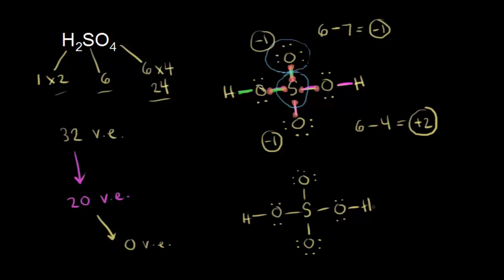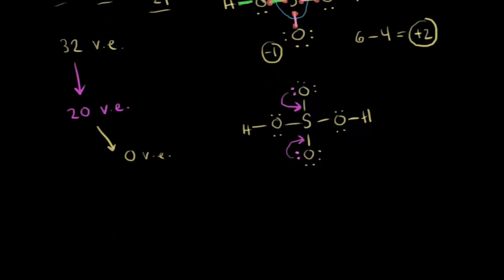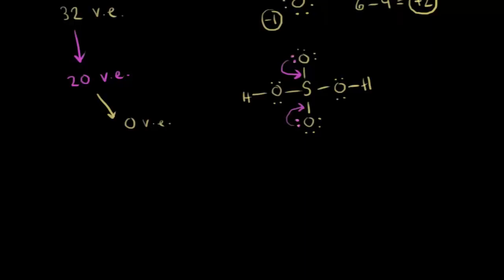And so if I took 2 electrons from this top oxygen here, so if I took these 2 electrons and I moved them into here, and if I took these 2 electrons right here and I moved them into here to form double bonds, let's go ahead and look and see what our dot structure would look like and assign some formal charges. So now I would have sulfur double bonded to this top oxygen and double bonded to this bottom oxygen.